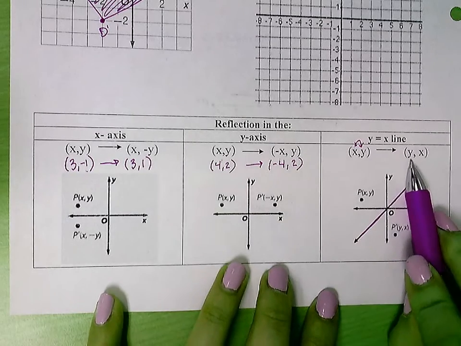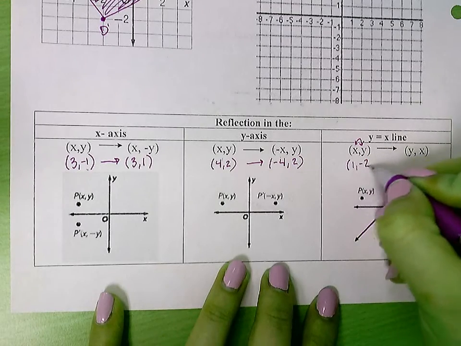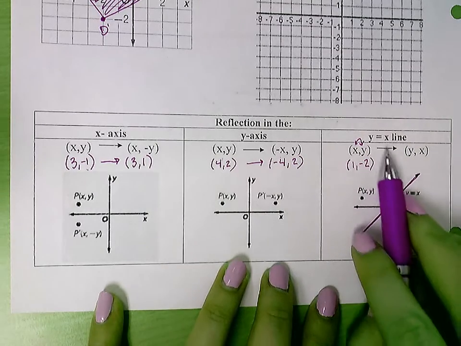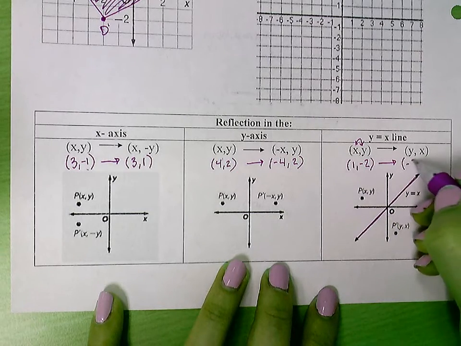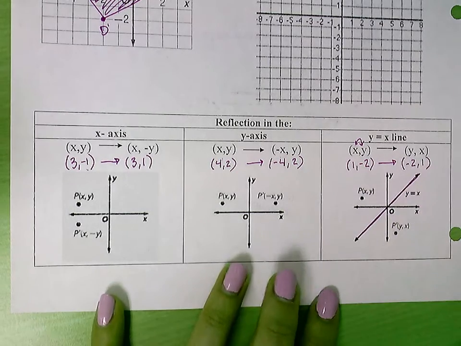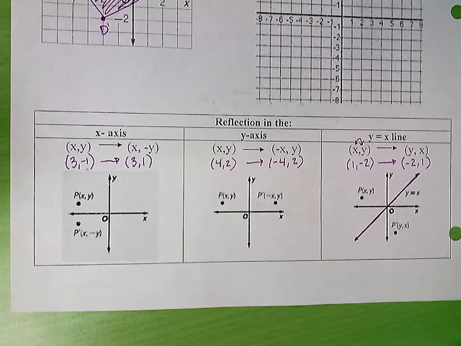So now it's y, x. So if I have 1, -2, to reflect it in the y equals x line, it will now be -2, 1. Since y is equal to x, you can interchange them. That's kind of how I remember it.